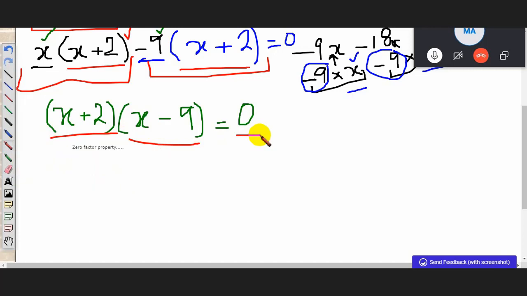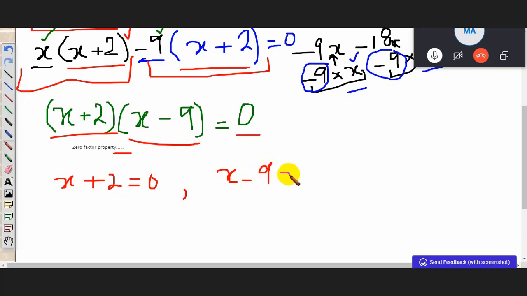That's why we use the zero factor property. It tells us that whenever two factors equal 0, then either the first factor is equal to 0, or the second factor is equal to 0.